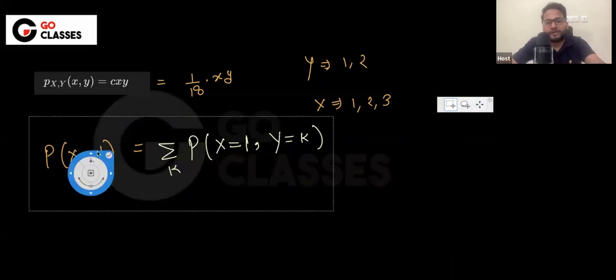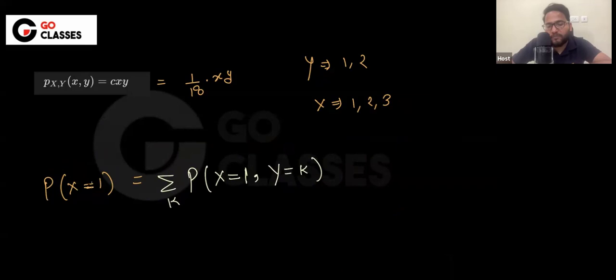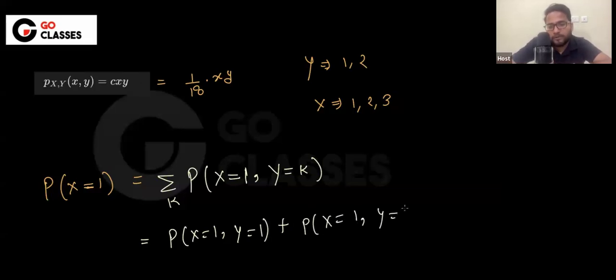So what I'm saying is that if you want to find the marginalization, let's suppose the probability of X equal to 1, then it is just like the total probability. You take all the values of Y, which means it will be the probability of X equal to 1 when Y is 1, plus the probability of X equal to 1 when Y is 2.